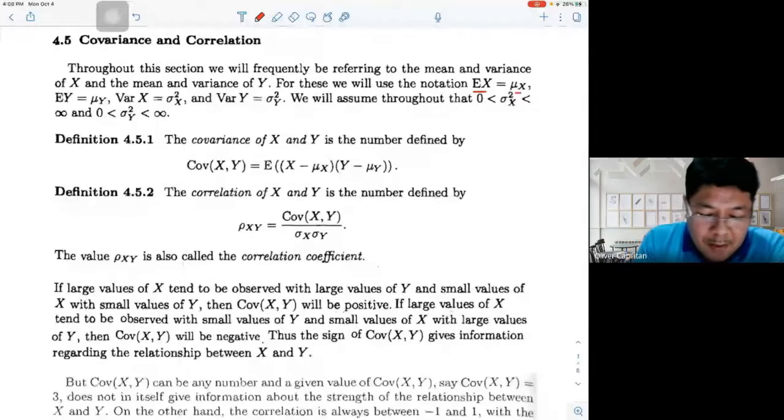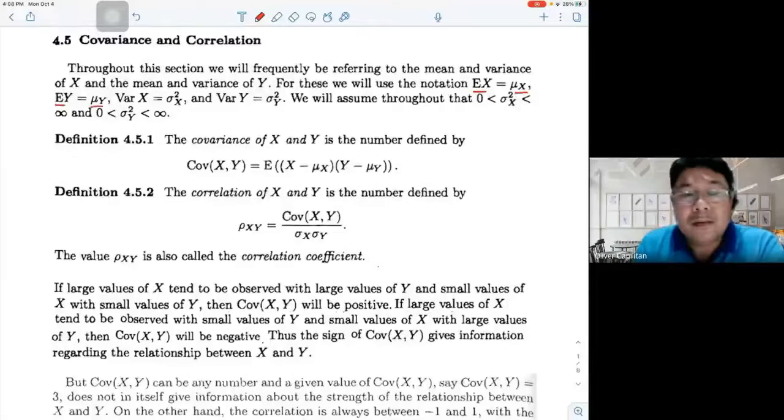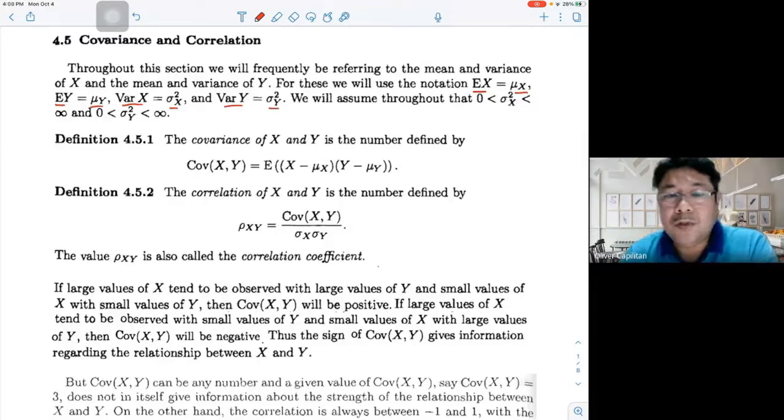The mean of y, expectation of y, can be expressed as mu sub y. The variance of x is sigma sub x square, and the variance of y is sigma sub y square. We will assume that the variances of x and y are positive and finite.